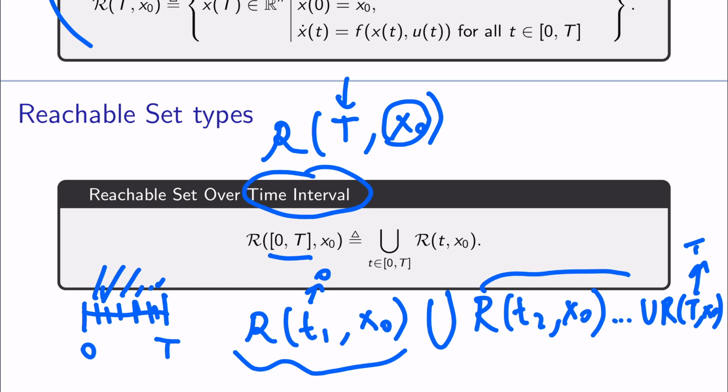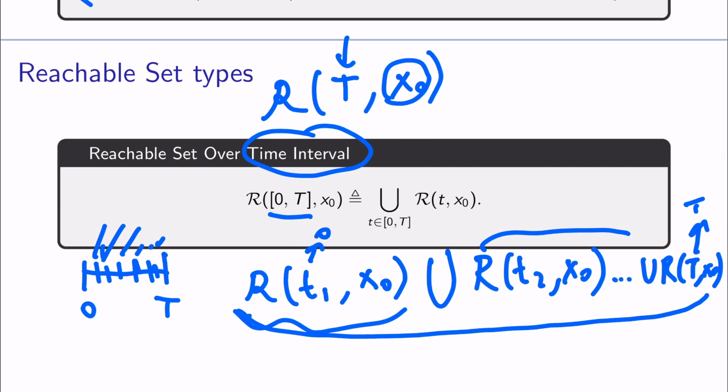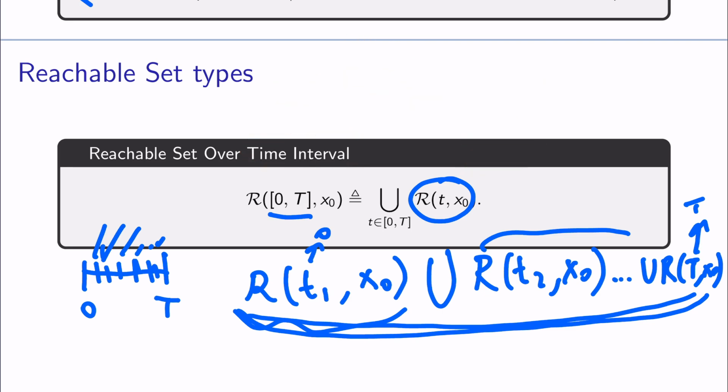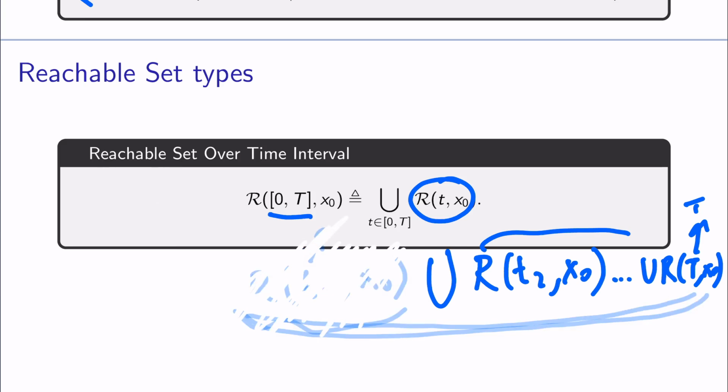Each gives a set, and there are uncountably infinitely many, in fact. So we are taking the union of all those reachable sets and returning that set. This was a messy explanation, but after the template definition, it should be clear what I'm talking about.